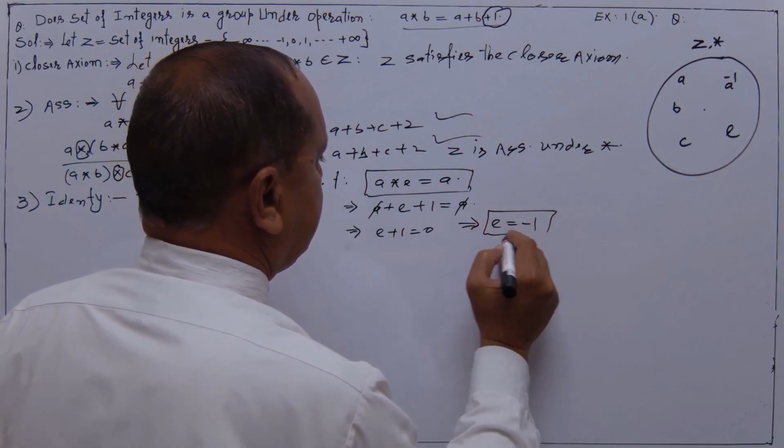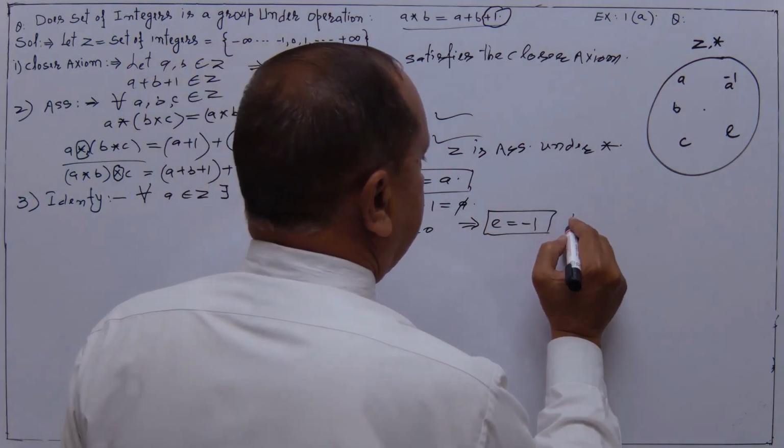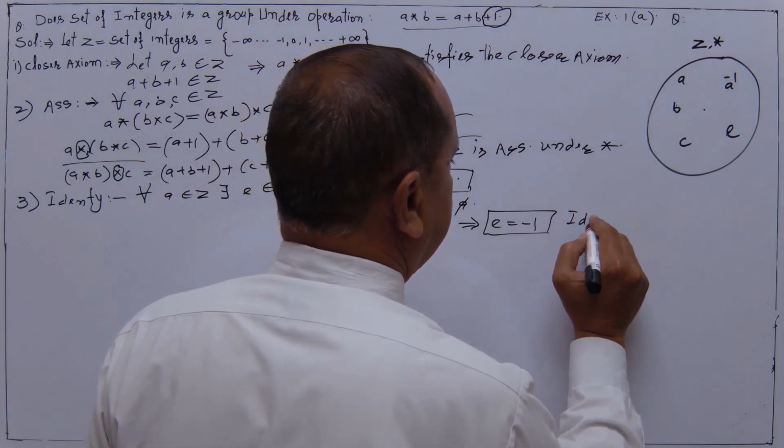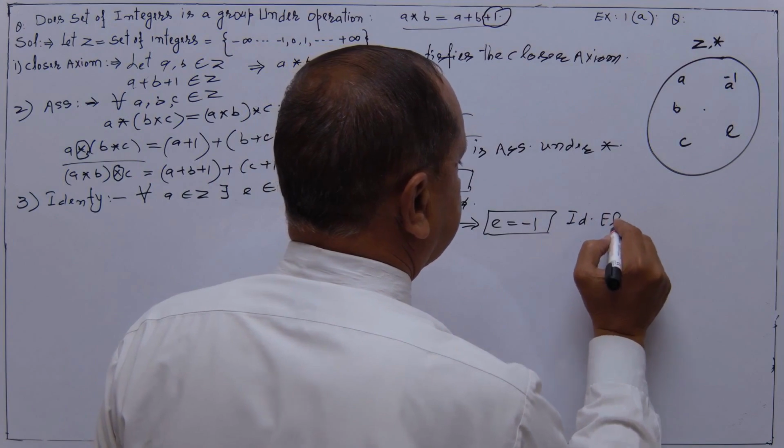E equal to -1 is the identity element in Z.